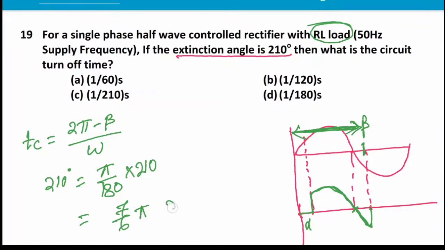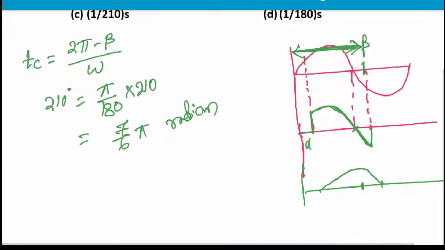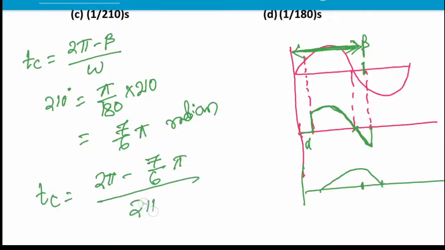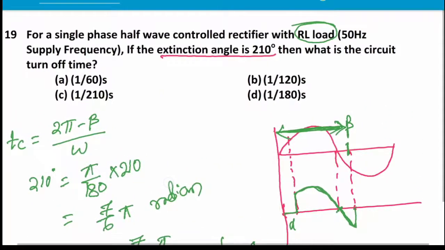This is in radians. So Tc will be (2 pi minus 7 by 6 pi) by omega, that is 2 pi into frequency, that is 50, which comes to 1 by 120 second. So option B is the correct answer, that is 1 by 120 second.